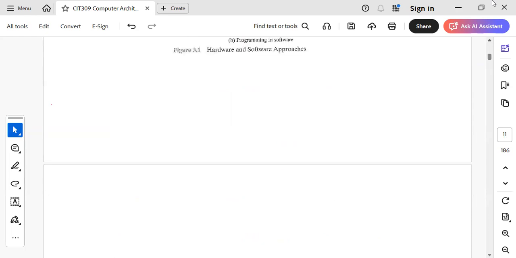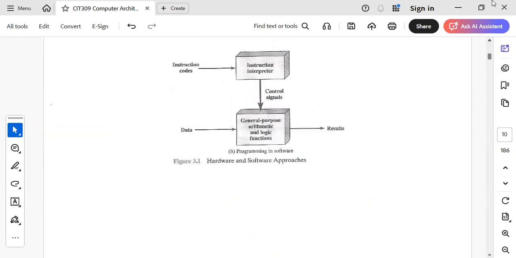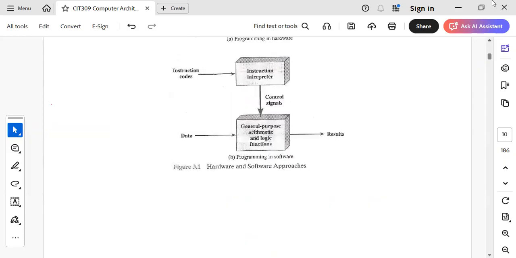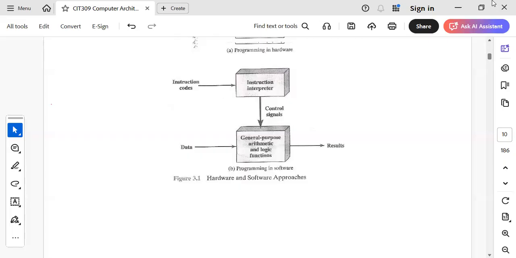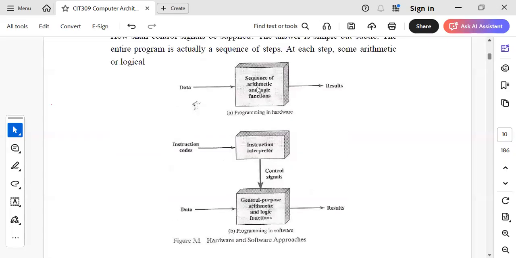We mentioned sequence the other time. If you remember, even in the John von Neumann architecture, something was mentioned about sequence, I think that was the third thing there, that the instructions are processed in sequential order.